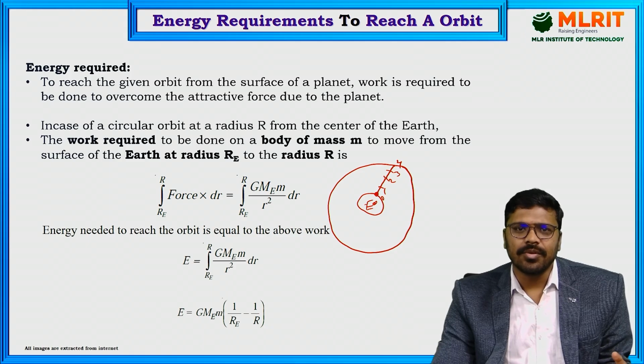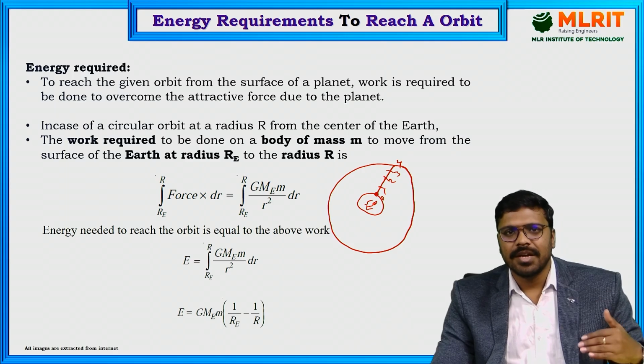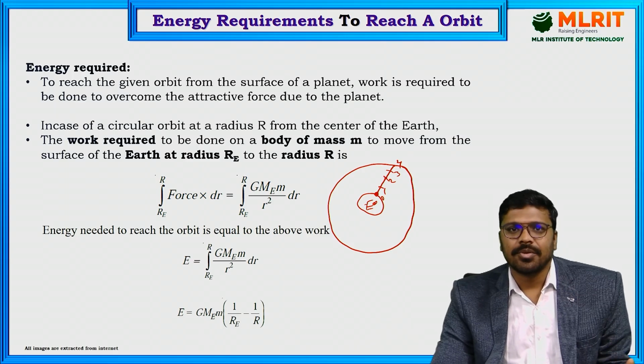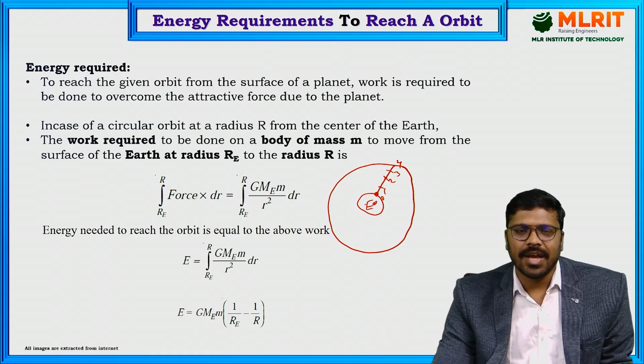So, we need to calculate the total force which is acting on the body from Earth surface to reach the orbit. That's why we need to calculate the work done.